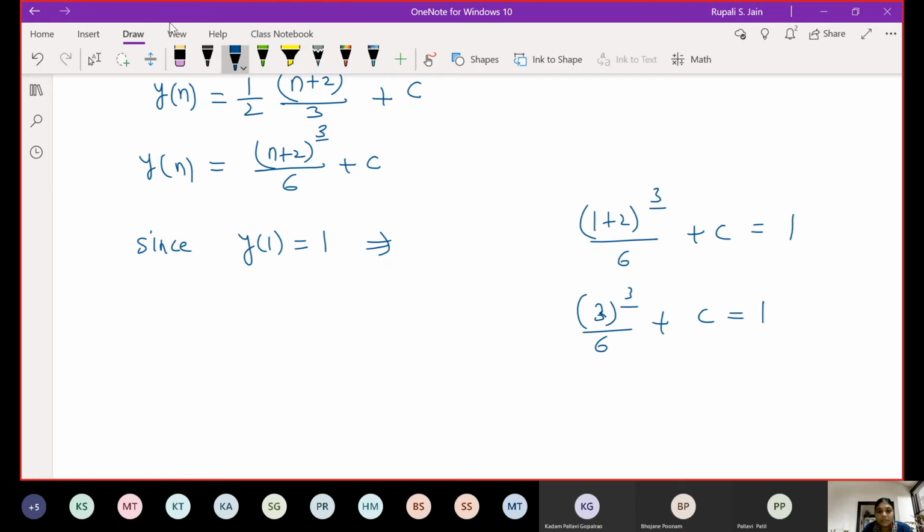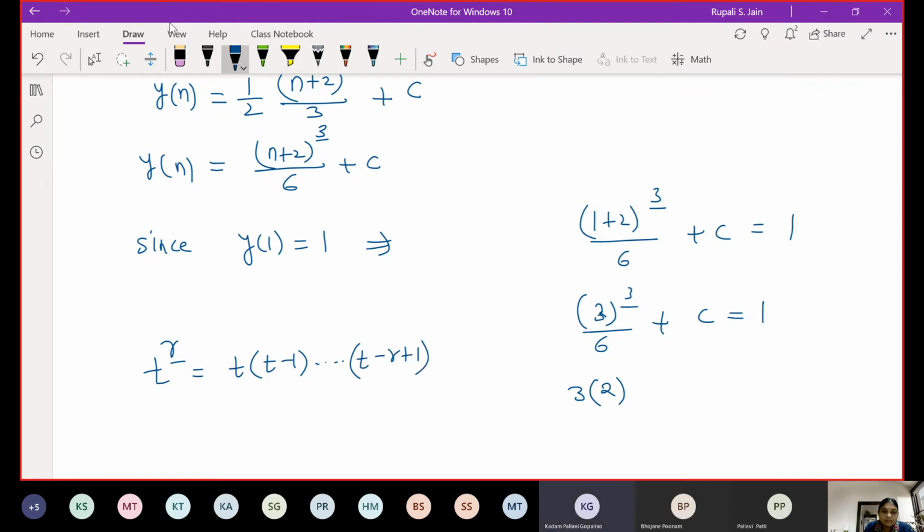So 3 to the 3 falling means 3 into 3 minus 1, which is 2. What is 3 to the 3 falling? t to the r falling is t, t minus 1, t minus 2 and so on, up to t minus r plus 1.